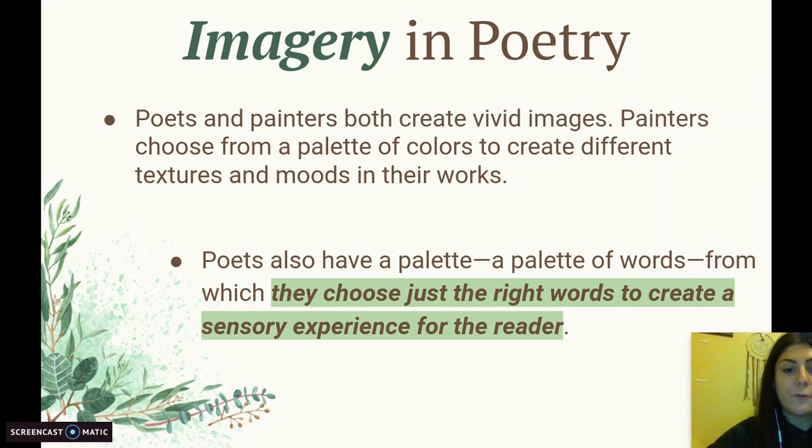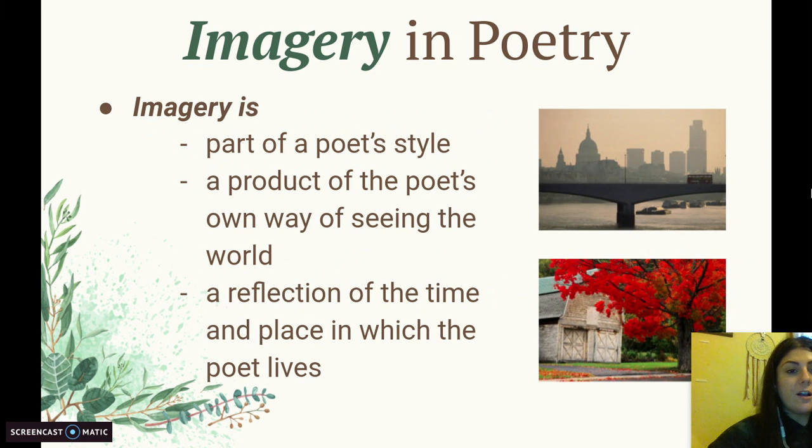They use words for their art to express themselves. They choose just the right words to create a sensory experience for the reader. Imagery is also part of the poet's style and a product of the poet's own way of seeing the world. It's also a reflection of the time and place in which the poet lives.